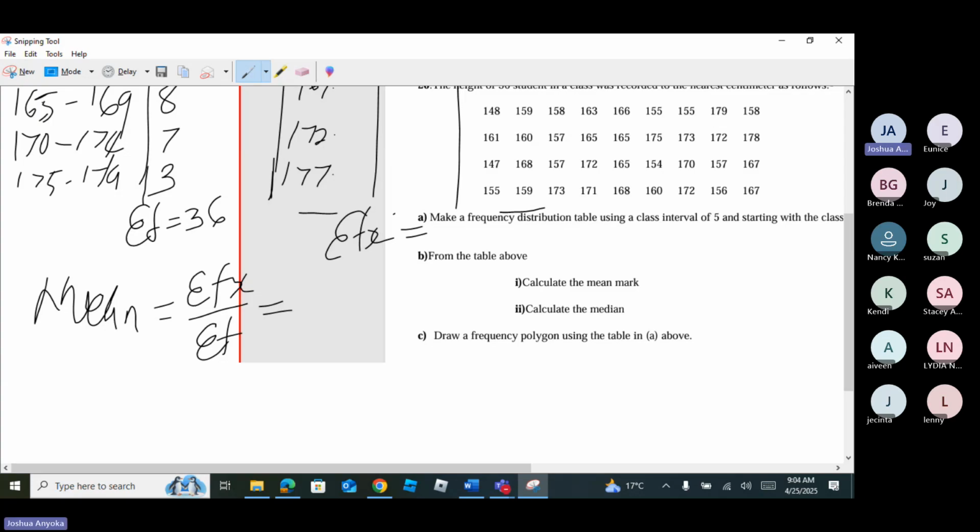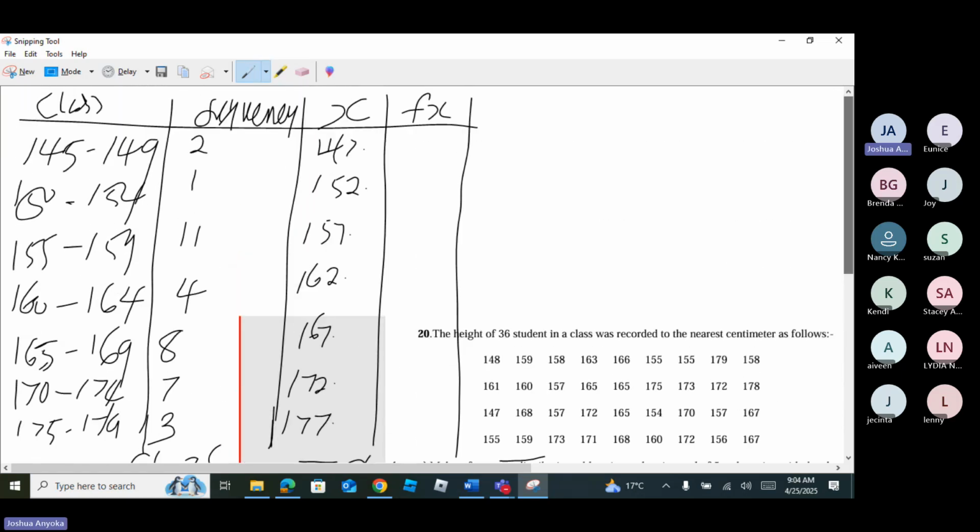Calculate the median. For the median, we said we need a cumulative frequency column.